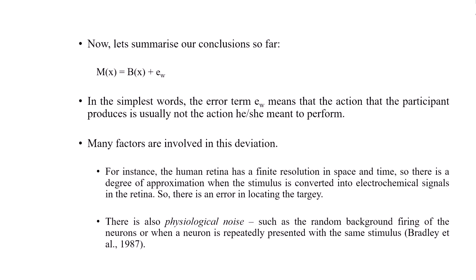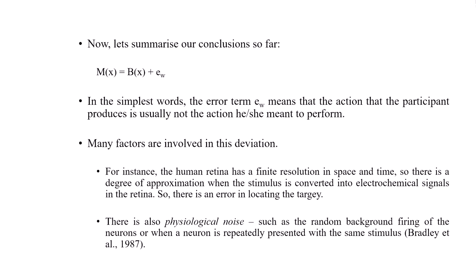Now, the error component is extremely important for us to consider, because that is something that happens a lot in our experiments, and we should know about it to be able to interpret it. It could be coming from various reasons. One of the reasons could be how our retina is structured. The human retina has a finite resolution in space and time.